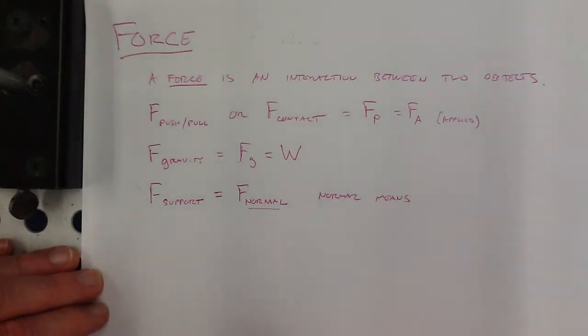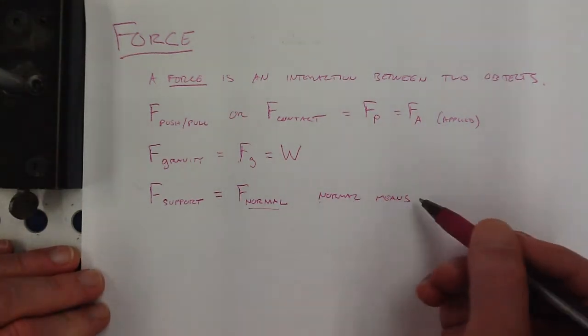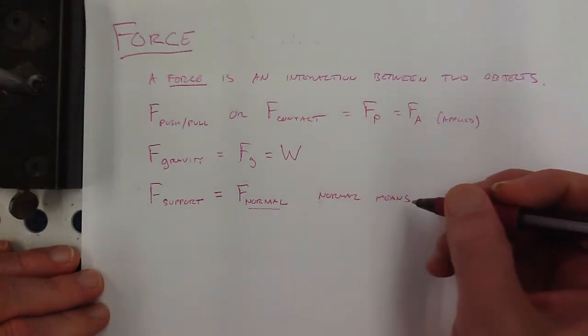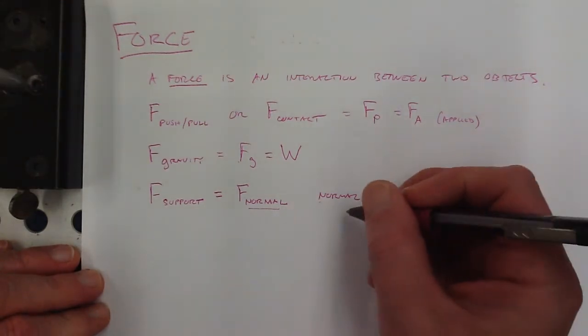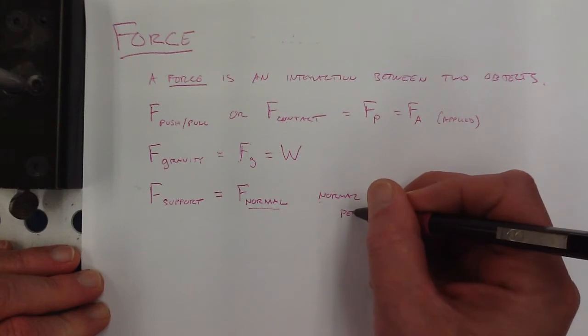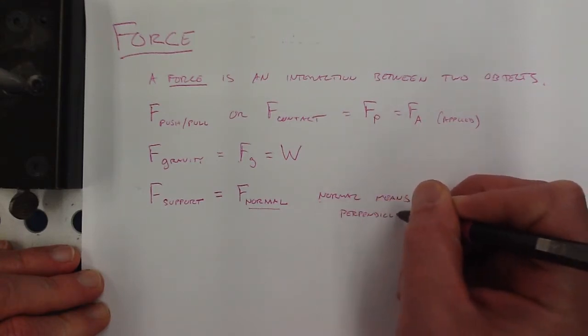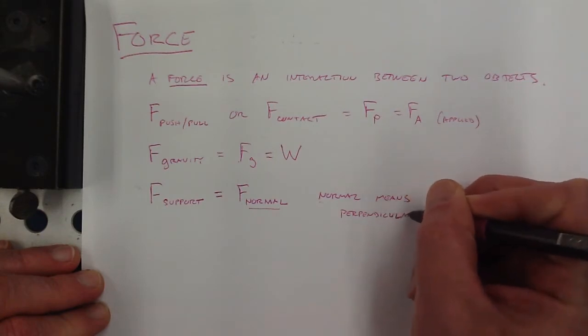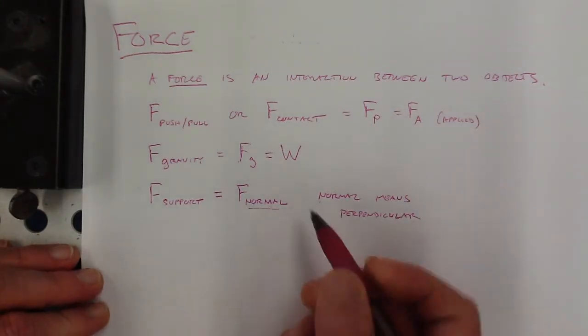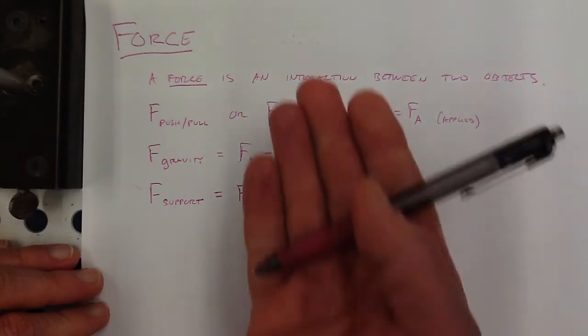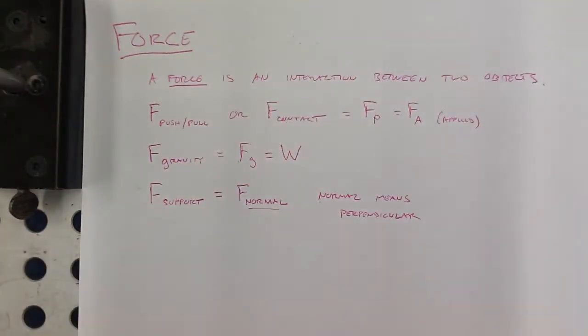But around the fifth definition or so, you're going to find that normal has a technical definition in the sciences that normal means perpendicular. Perpendicular. So why do we call this a normal force? Because that supporting force is always perpendicular to the surface that is providing the support.